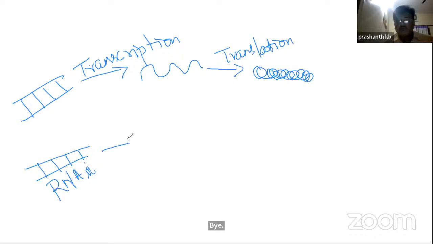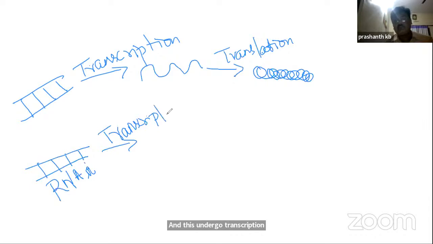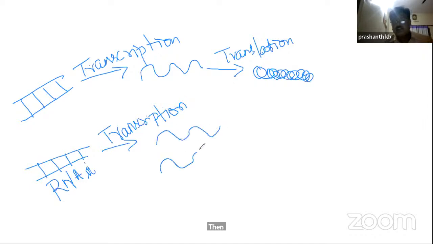Now, when this undergoes transcription, slowly if I write this, it will come properly. If I write fast, transcription. Then here, two single-stranded RNAs are produced. Make a note of this one, given in the textbook like this only. I'll come back to this one.